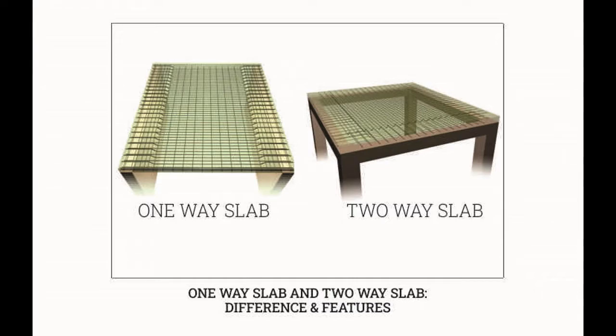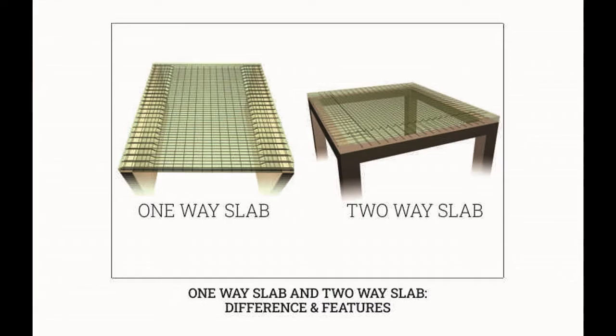Now, I list out the difference between one-way slab and two-way slab. As I already said, if L by D ratio is greater than or equal to 2, then it is considered as one-way slab. Whereas in two-way slab, if L by D ratio is less than 2, such slabs are considered as two-way slab. In one-way slab, the main reinforcement is provided in a shorter span and distribution reinforcement is provided in a longer span.